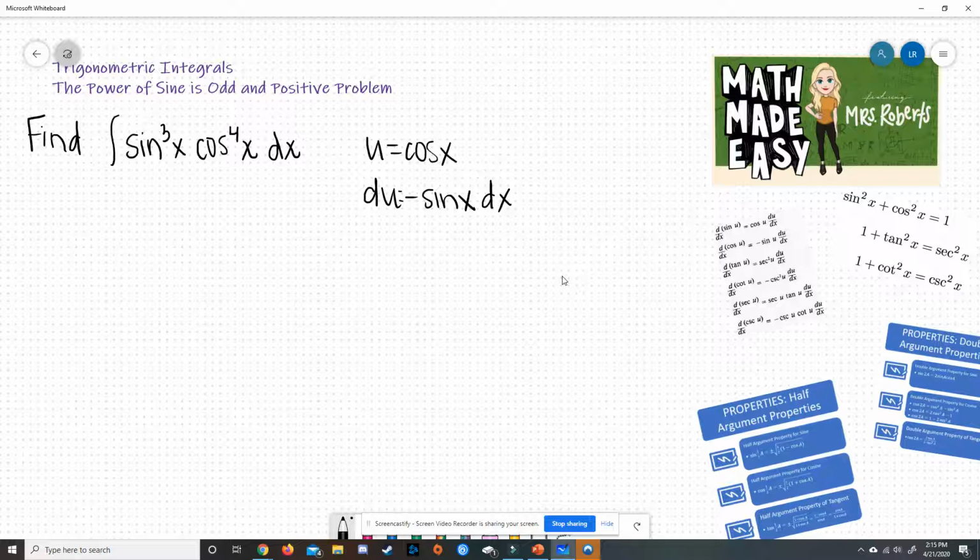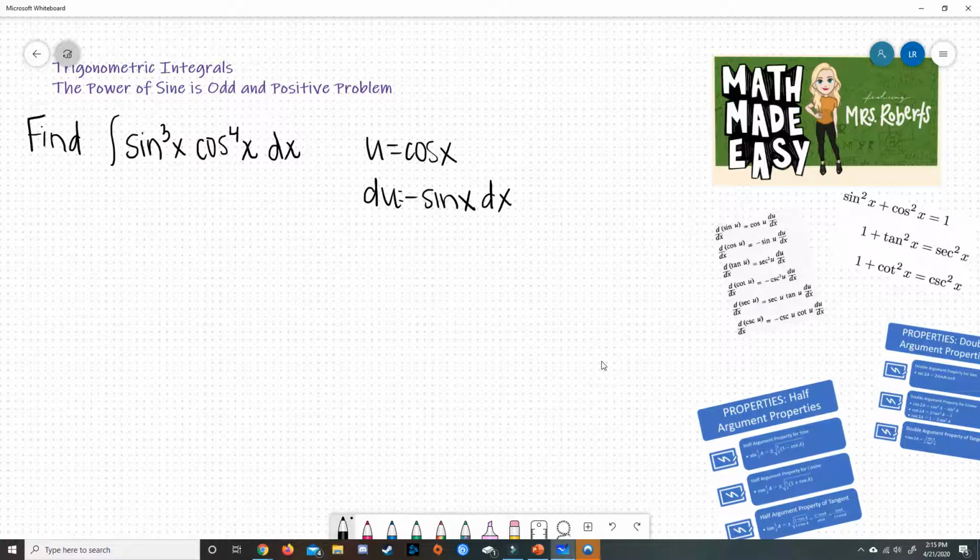So that tells me that I want one sine of x left in that integral. Are there any trig identities that I can use so that I only have one sine of x left, so that I can identify a u and a du and then use a power rule?